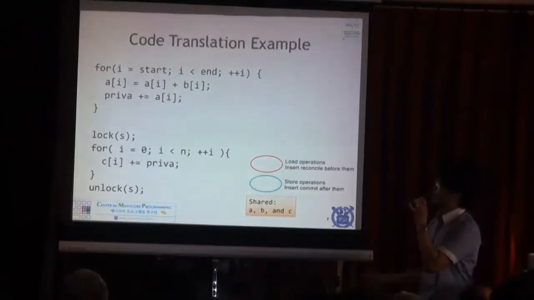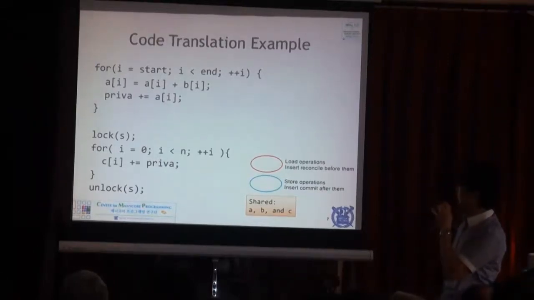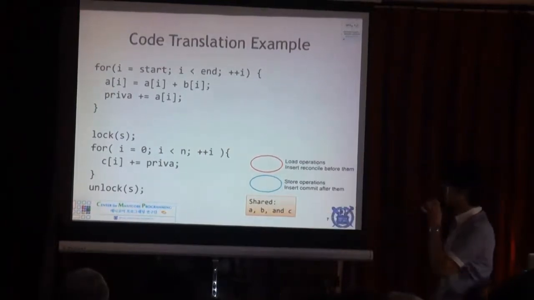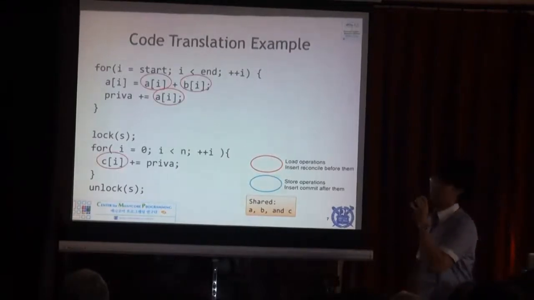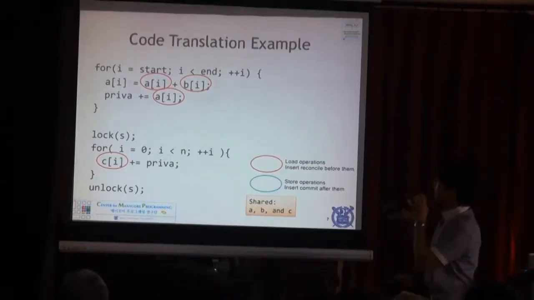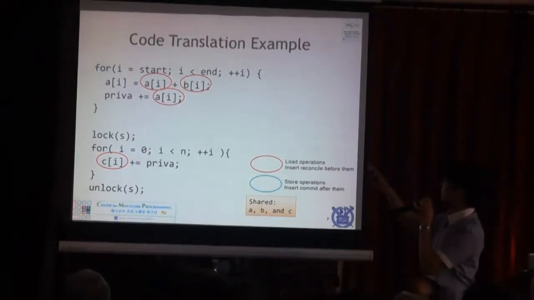Let's see how our code translation works. We assume the three arrays A, B, and C are shared. The red circles indicate load operations. As I said before, we need a reconcile operation before the load instruction, so we insert a reconcile operation before that.